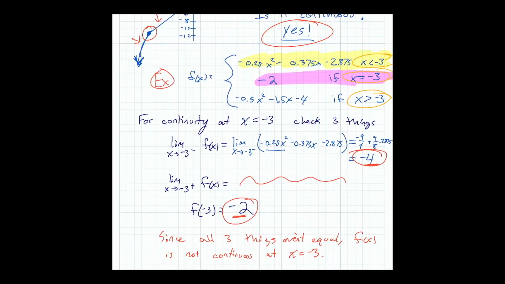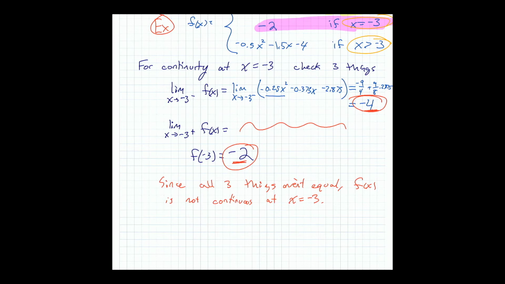All right, so that's how you work out continuity for piecewise defined functions. Basically, you check all 3 of these things at every point where it switches from one function to the next function. Okay, and we did an example of that in the last lecture, but we did it again.